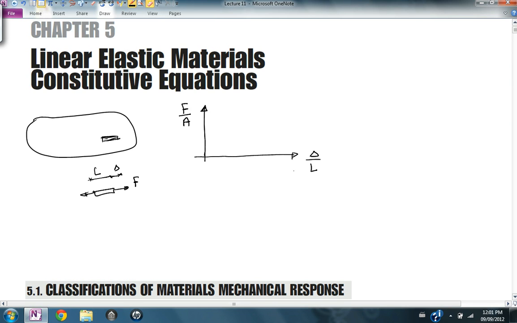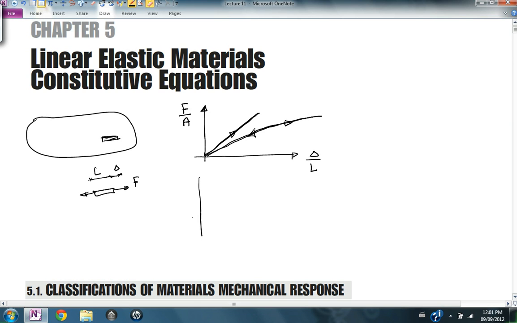Now, the relationship could have different forms. You could have a material that behaves in a linear way. You load it and you unload it, and the relationship is linear. You can have a nonlinear material, but still follows the same curve as you load and as you unload.